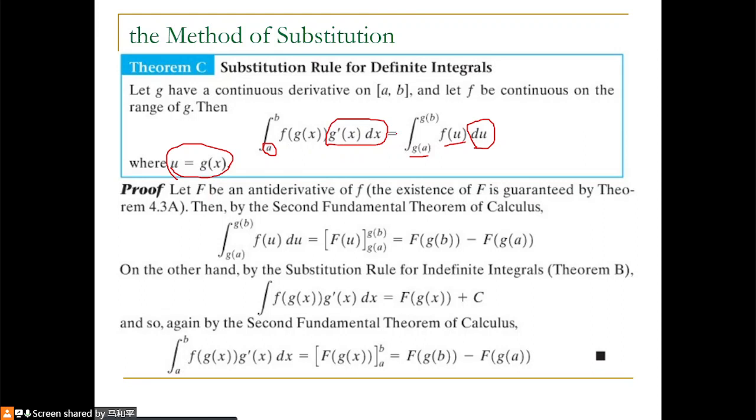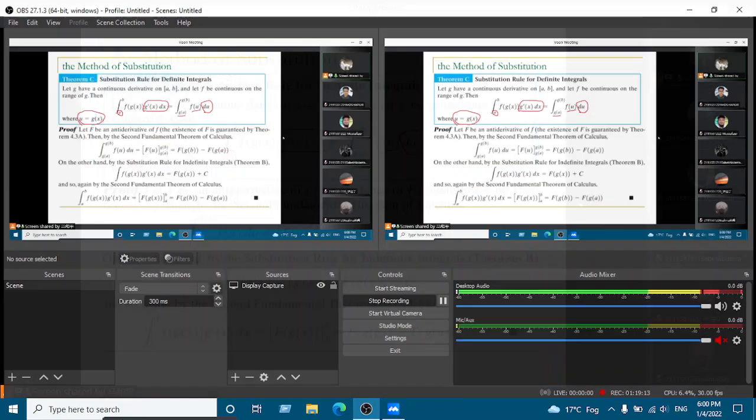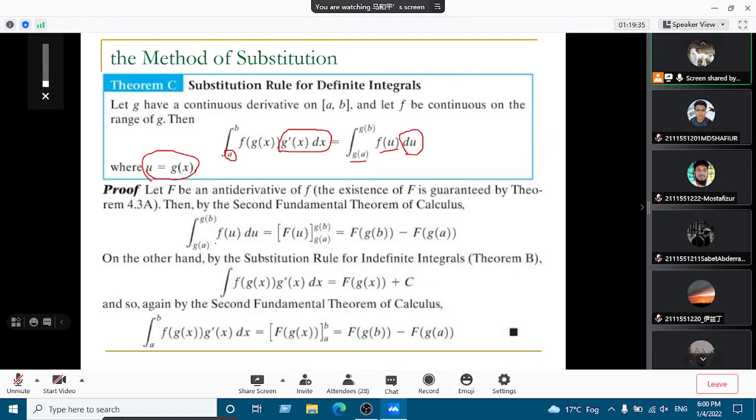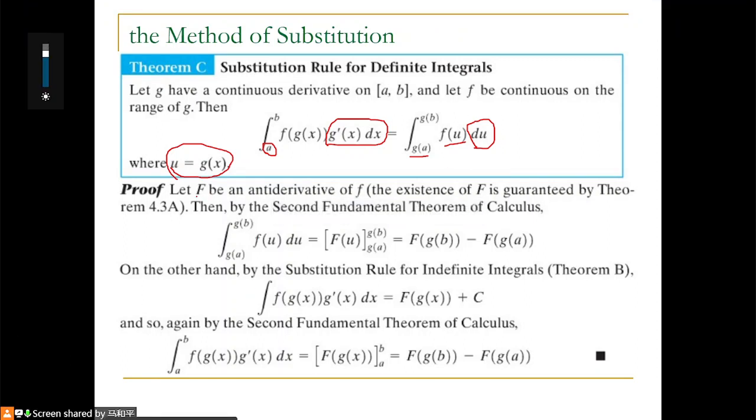If we want to operate, we imagine F to be an antiderivative of f, the existence of which is guaranteed by theorem 4.38. And then by the second fundamental theorem of calculus, we have the integral of f(u) du from g(a) to g(b) is equal to F(u) evaluated from g(a) to g(b), because F is any antiderivative.